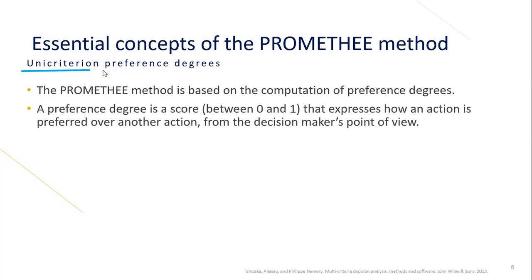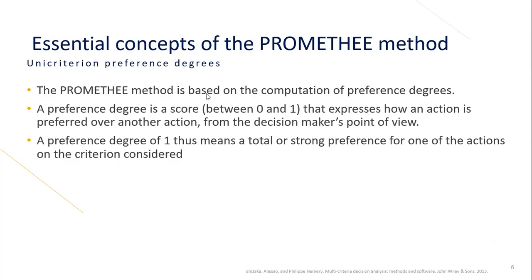Okay, now we will go to how we calculate this unicriterion preference degree. First of all, for a preference degree, we will give a score between 0 and 1. Based on what? Based on the value of each of the criteria. For example, previously we have price, right?